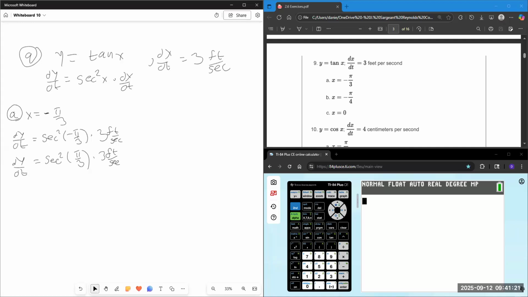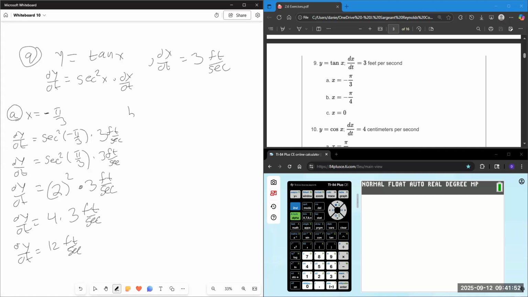Cosine is 1/2, and the reciprocal of 1/2 is 2. So dy/dt is 2 squared times 3 feet per second. 2 squared is 4, times 3 feet per second, and dy/dt is equal to 12 feet per second.